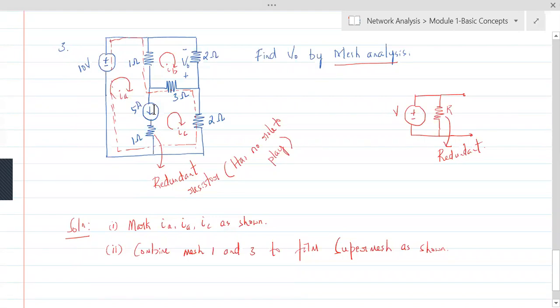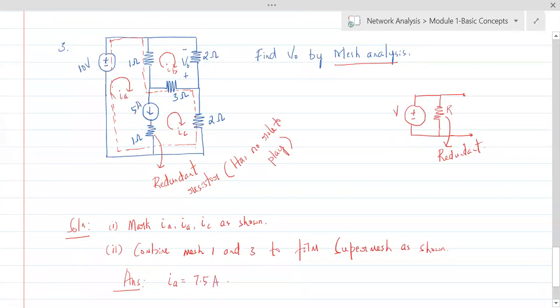Okay, good. So can you do it yourselves? Go on, everybody. Everybody just take down these answers. You can do it later. Fine. The answers are: your IA is 7.5 amps.